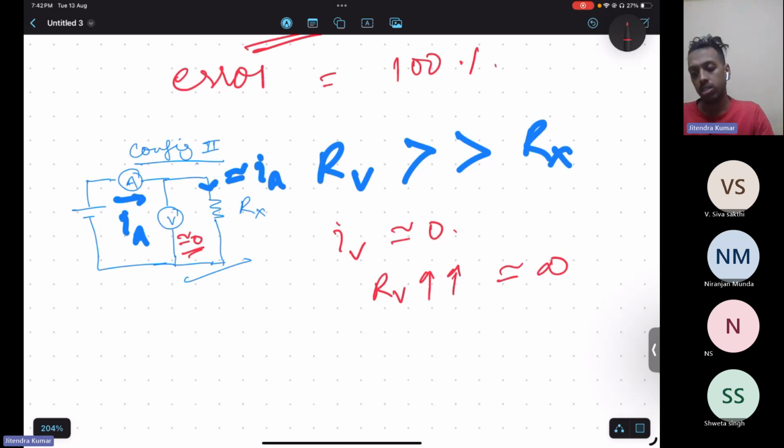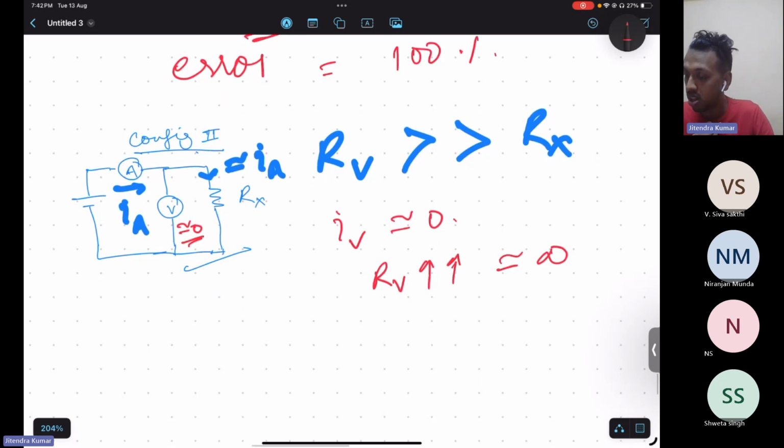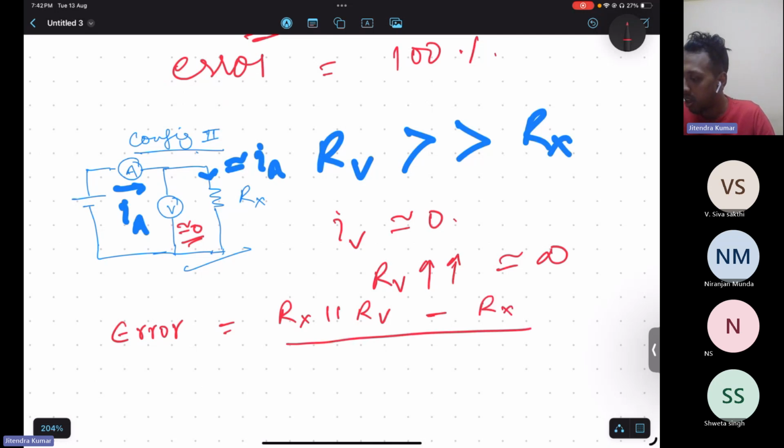Now you can see again we'll compute the error. The true resistance will be Rx parallel with RV, minus desirable, which is Rx, and divided by Rx into 100%.